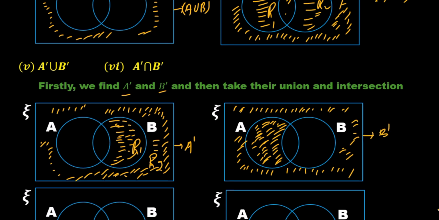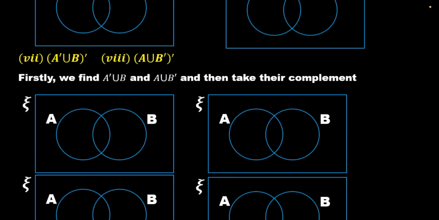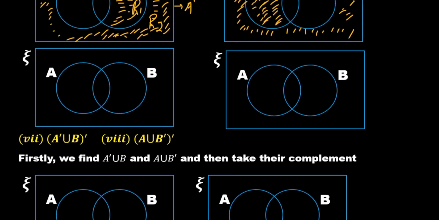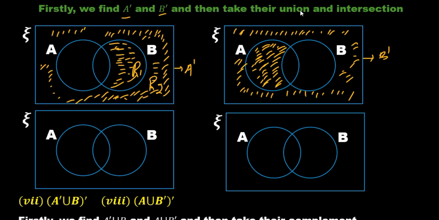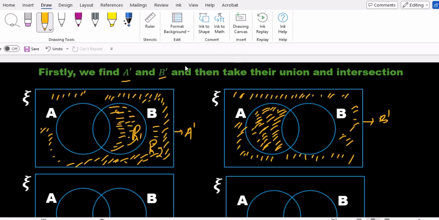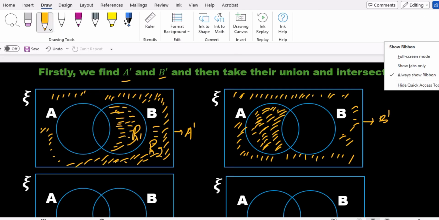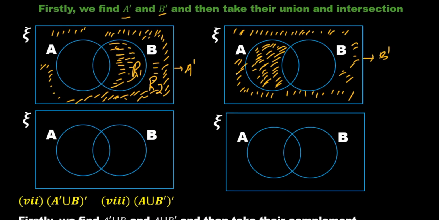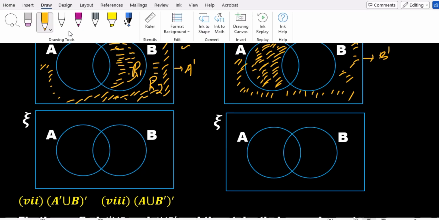Now we have to find the union and intersection of these two Venn diagrams. So in case of union, we will take both of the regions, both of the parts, either the region belonging to A complement or B complement.